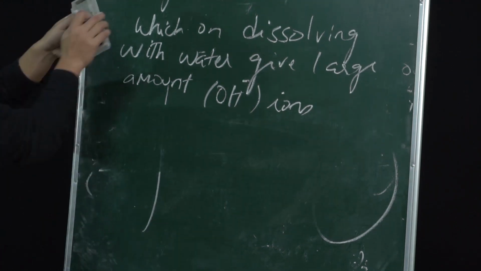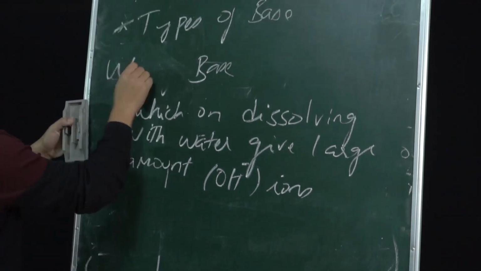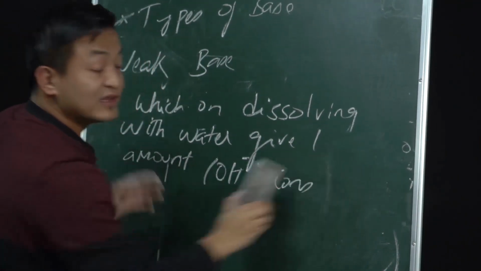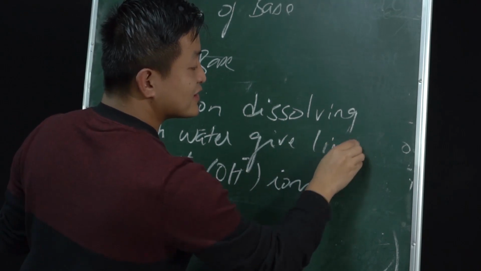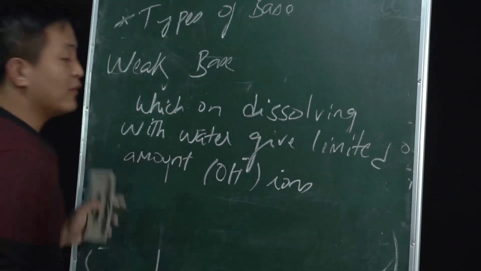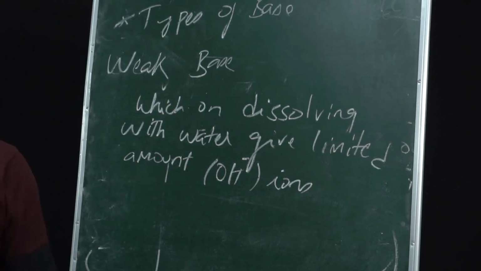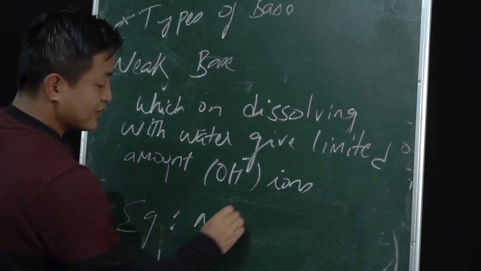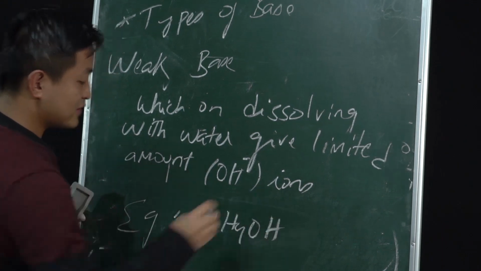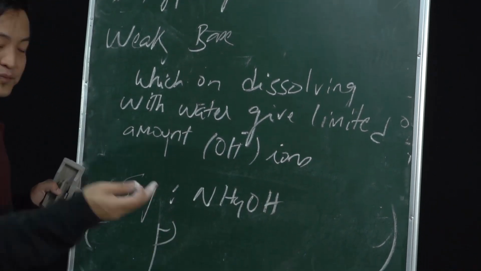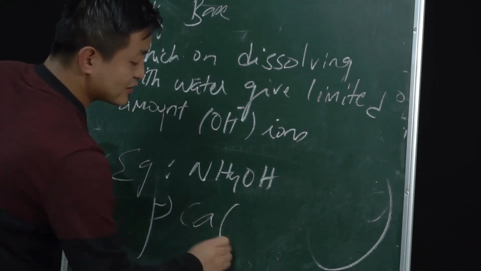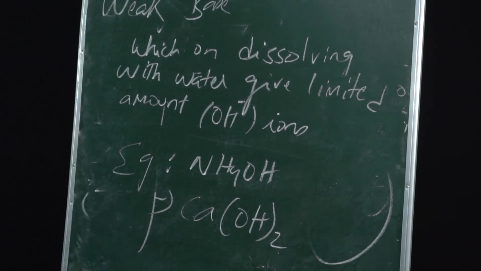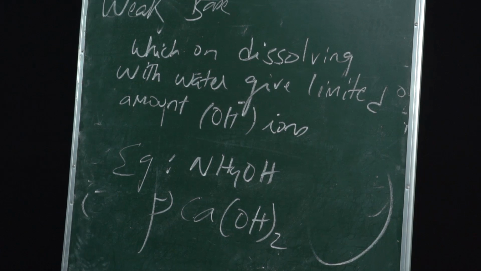So weak bases are those which on dissolving with water give a limited amount of hydroxide ion, okay? So for example, we can give calcium hydroxide, which is the slaked lime, which we studied in our first chapter.